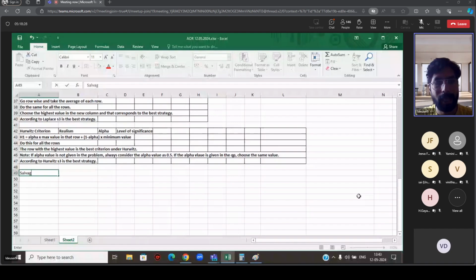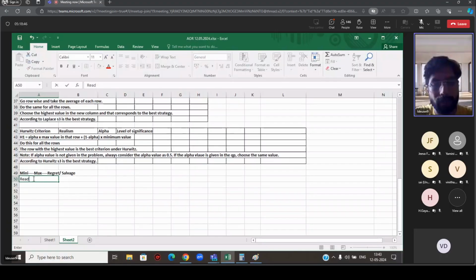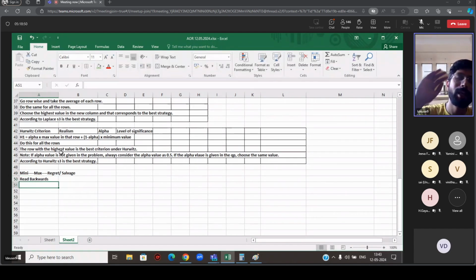Salvage, or it's also called as mini-max-regret, or it's also called as salvage. இத வந்து நீங்க எப்படி பண்ணணும் அப்படின்னா, always I said read backwards. இது இந்த decision makingல வந்து எப்பவுமே read backwards. Okay. So first is regret.